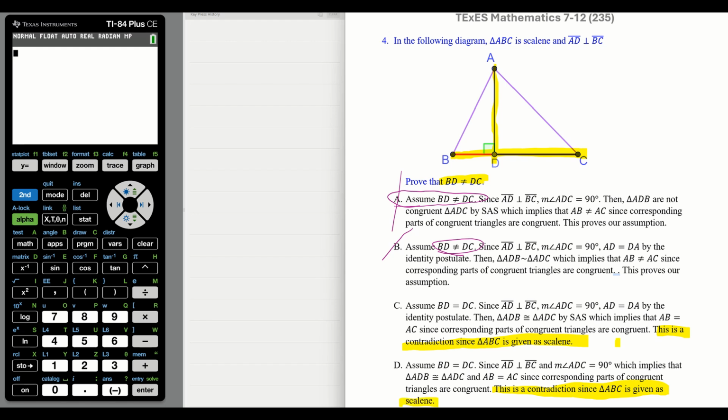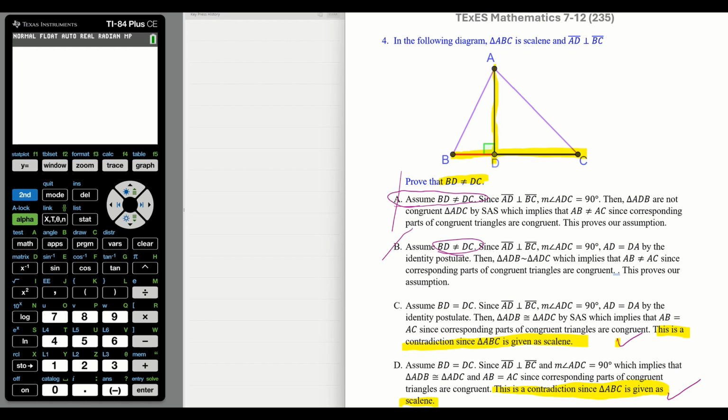If you don't know what scalene is, scalene means that none of the sides are equal. So we have three different unequal sides. Actually, for this one, I know you could prove that all of those segments that make up the large triangle and the two smaller ones are not the same. But we'll move on.